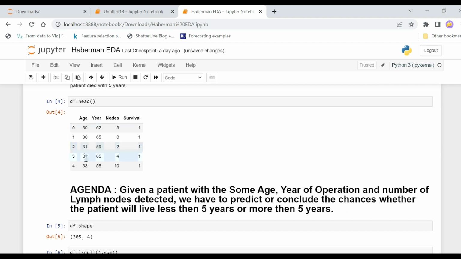There is an age, there is a year, there are the nodes and the survival. Suppose I say let us understand the first row. The first row says a person was 30 years old while doing the operation in the year 1962, and 3 nodes were detected, and he survived more than 5 years.